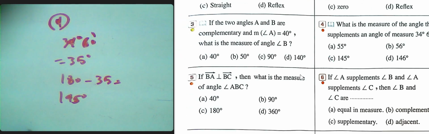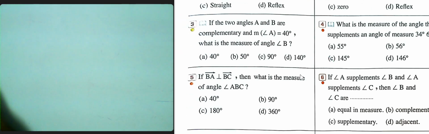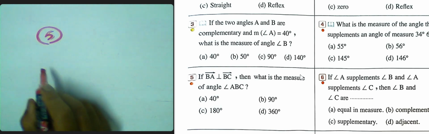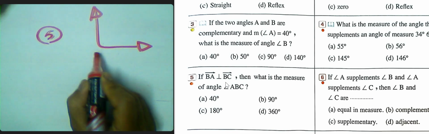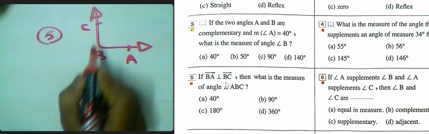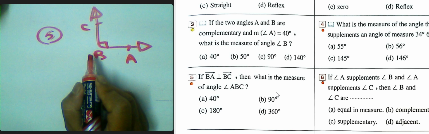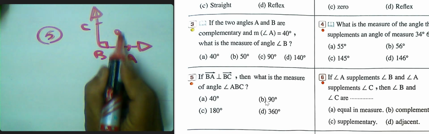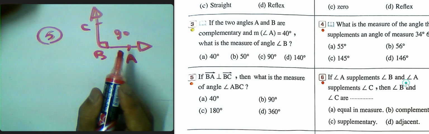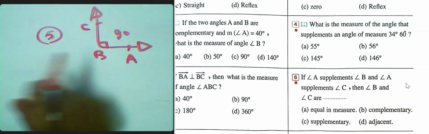Next question is number 5. If AB is perpendicular to BC, they are perpendicular. What is the measure of angle ABC? ABC will be 90 degrees. Choose letter B. Question number 6.